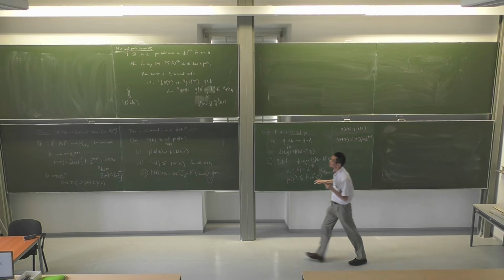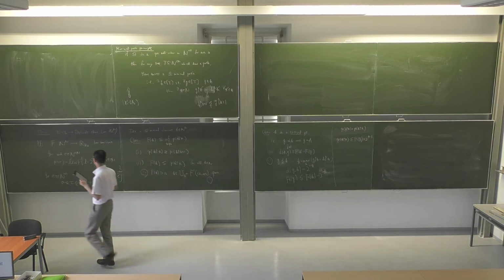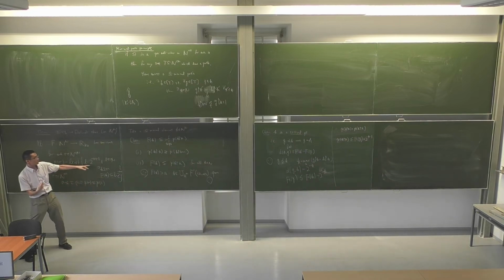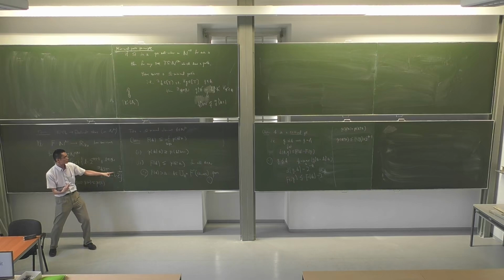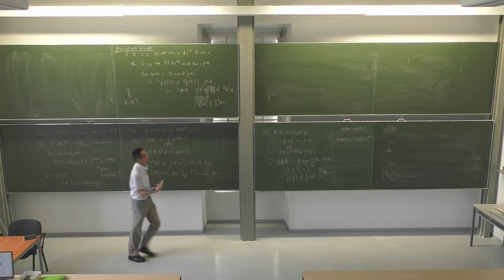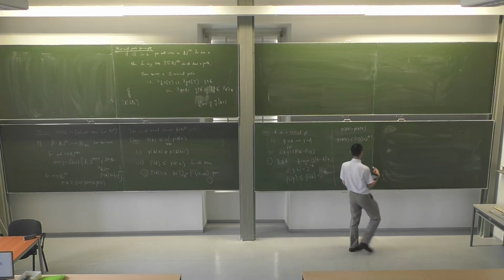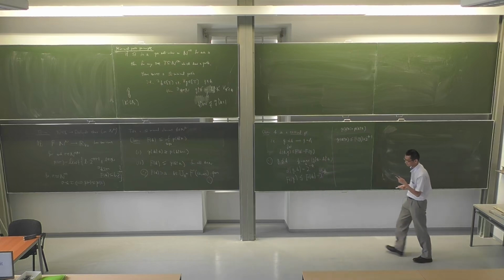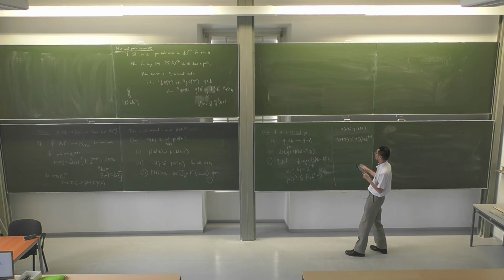By this definition, at each level f of h is always smaller than something like f of g plus 2 to the minus that length, more or less. That's the needed situation. And so this has to be true.